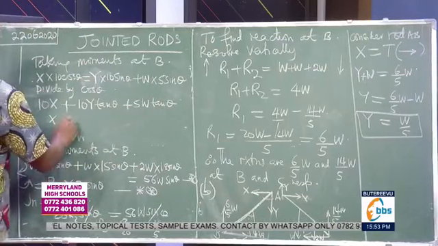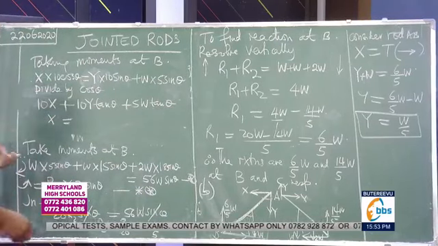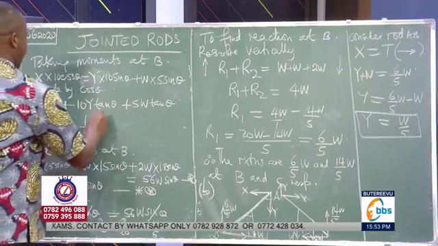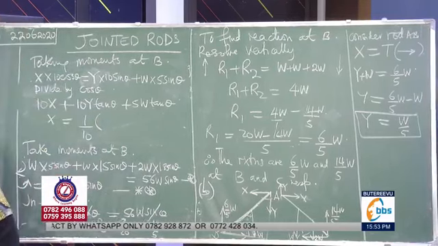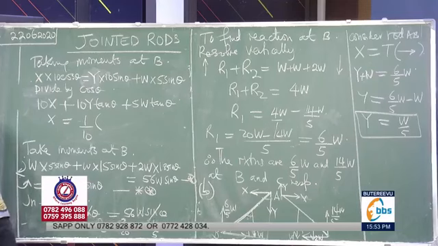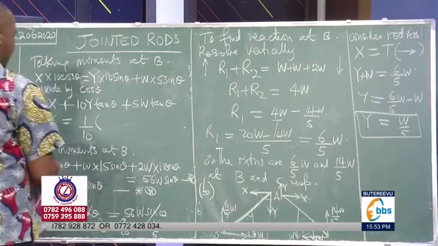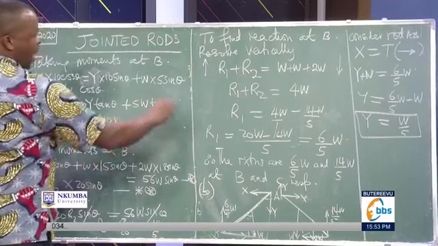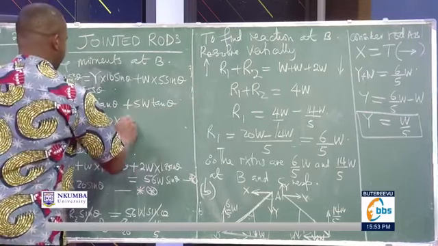Since we know the value of Y, my X will be 1/10 into 10 times Y. My Y is W/5.